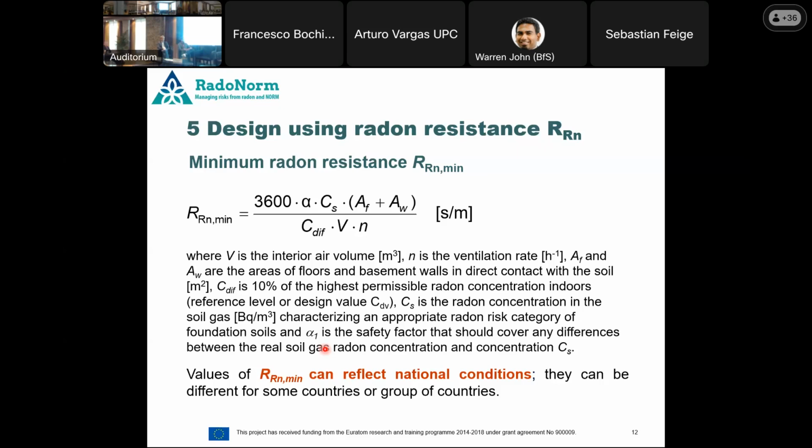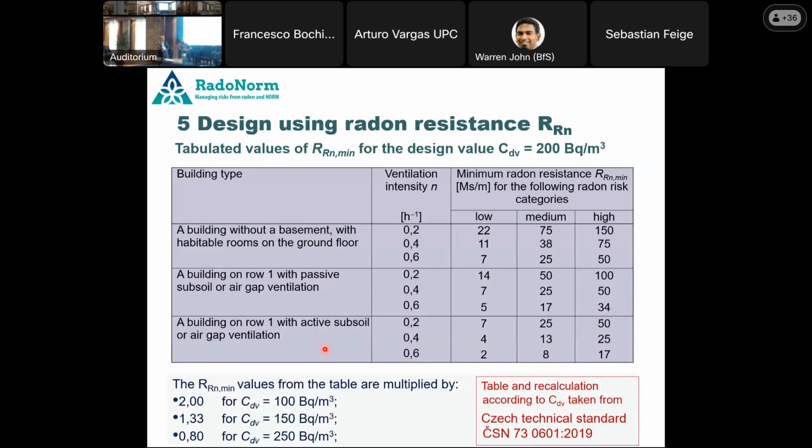And each radon-prone category can be described by an individual radon concentration, I mean the concentration of radon in the soil gas. So this expression can be used to find a minimum radon resistance value, which may differ according to the country. Here you can see an example of a table.